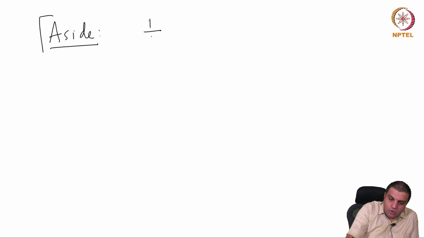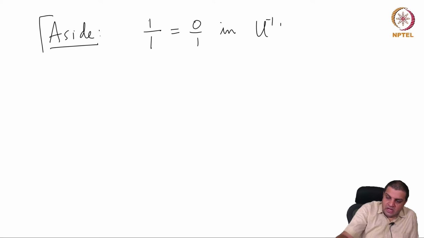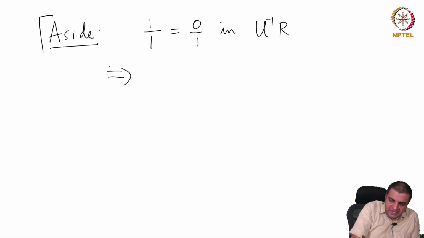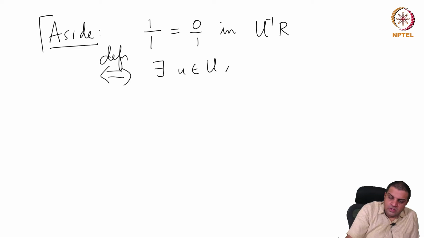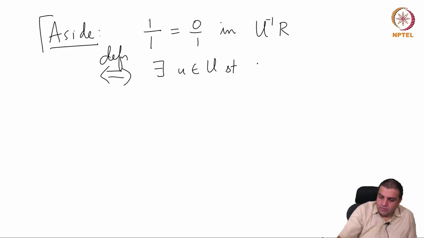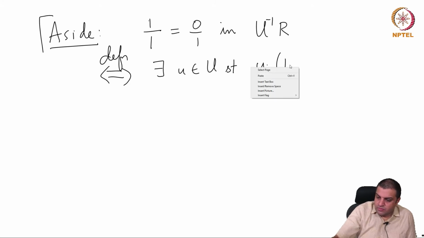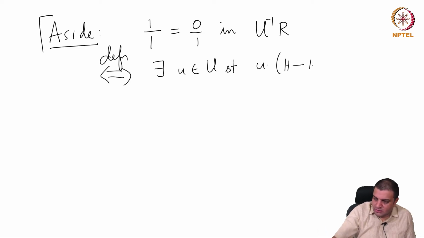So 1 over 1 is equal to 0 over 1 in U inverse R. In the equivalence relation, (1, 1) is the same as (0, 1) if and only if, by definition, there exists some u in U such that u times 1 minus 1 times 0 equals 0.